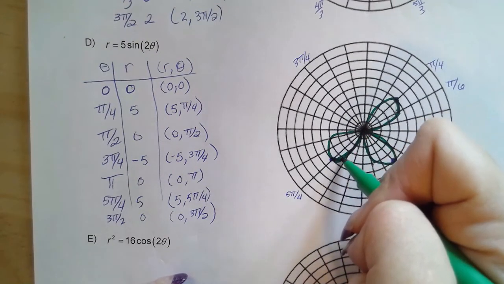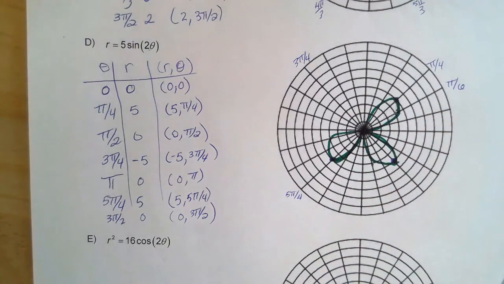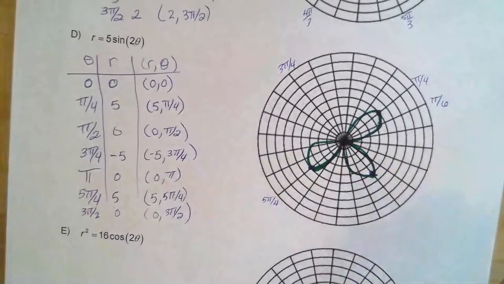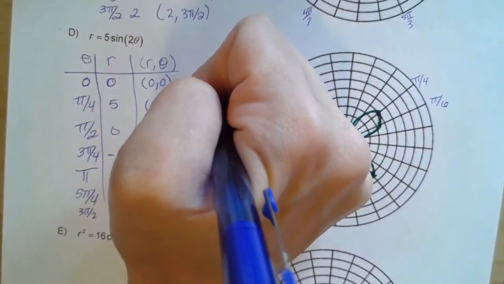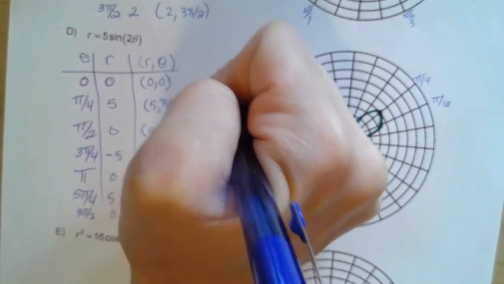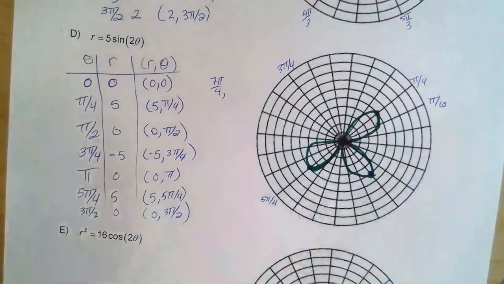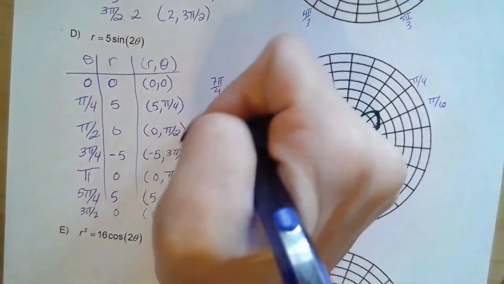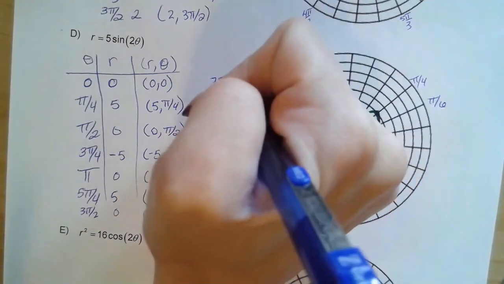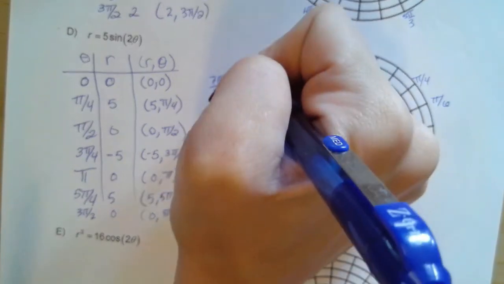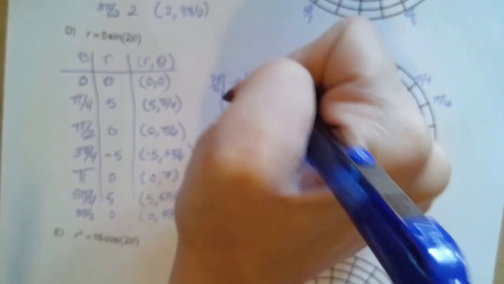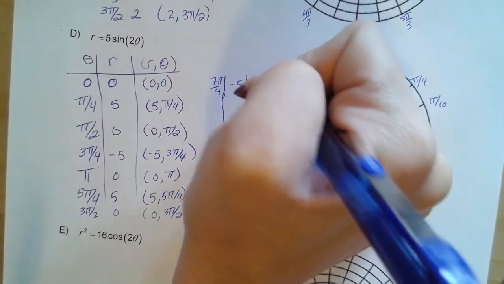Again, I'm not going to be too perfect here, but if you had to, do your 60s. Alright, and then after 3 pi over 2, we get 7 pi over 4, and as you predicted and you go through that, it will be -5. So our coordinates -5, 7 pi over 4.